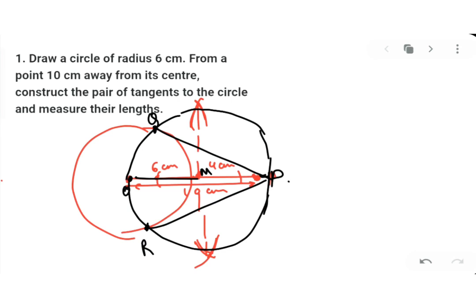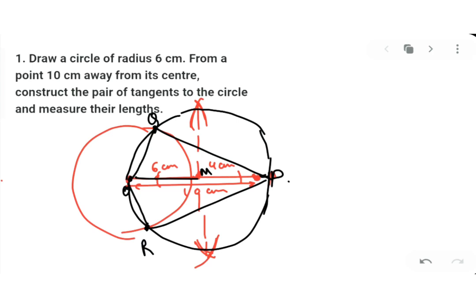Now, justification, how will you put it? Let's say we have already joined this, we got the figure. That means you now have to prove that PQ and PR are the tangents. To prove this, we will just join OQ and OR. Okay.